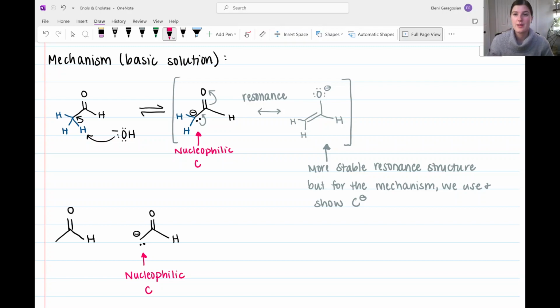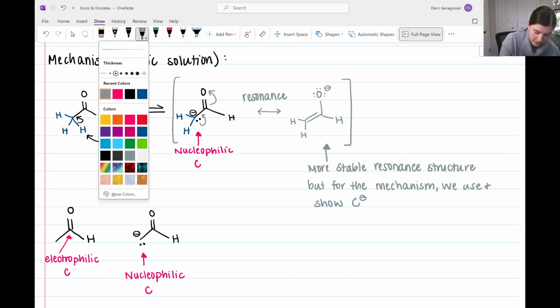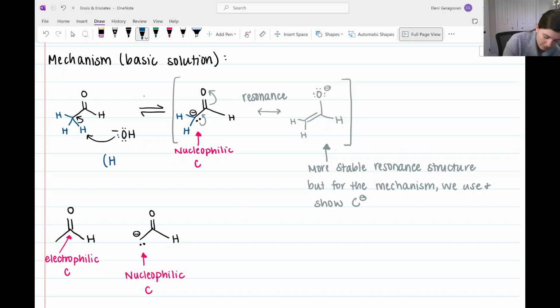And we know from our previous reactions with aldehydes, ketones, carboxylic acids, etc., this carbon, the carbonyl carbon, is an electrophilic carbon. So after we do the proton transfer in this first step, we generate the enolate ion, a nucleophilic carbon that is near an electrophilic carbon for another aldehyde that has not gone through that proton transfer reaction.